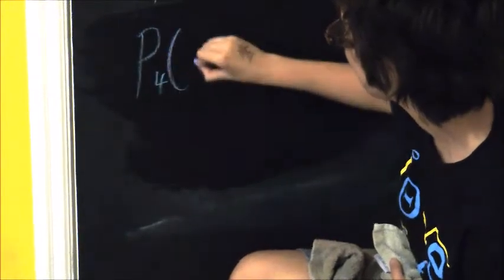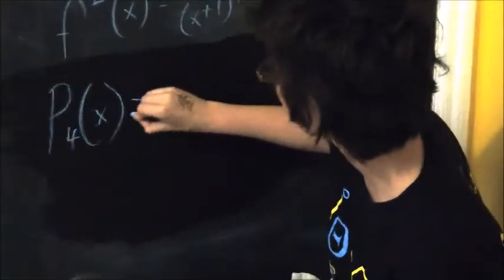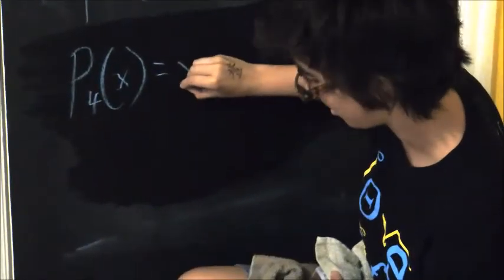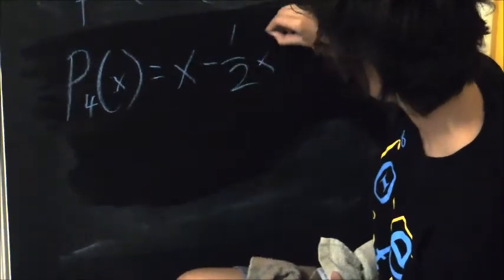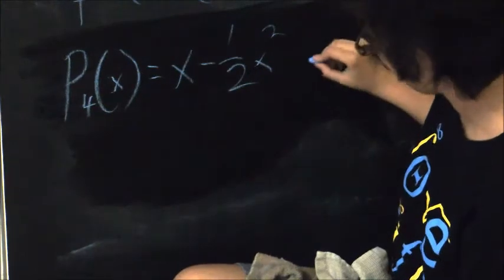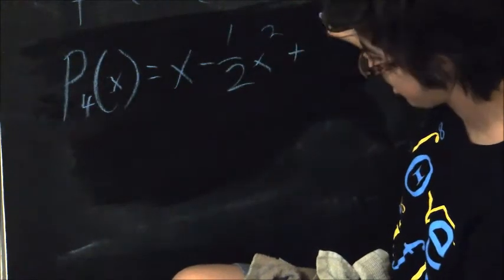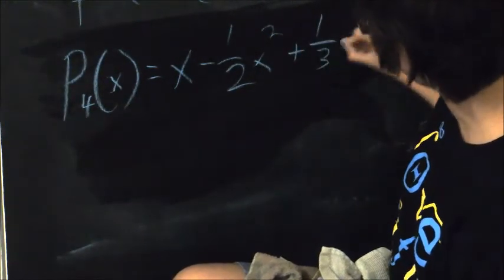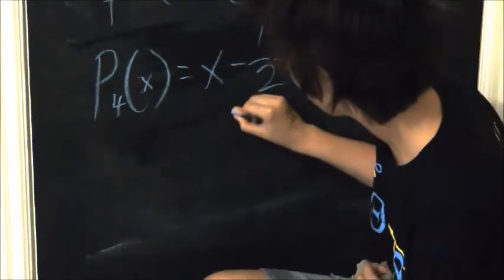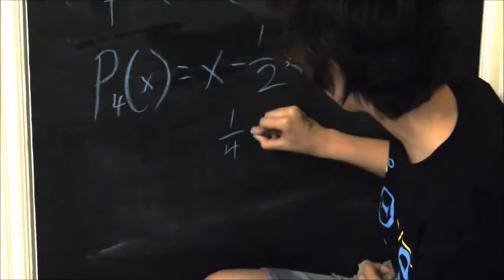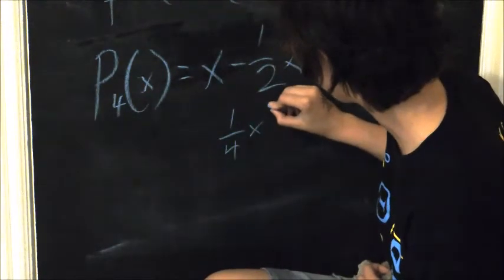We can simplify that and say it equals x minus 1/2 x squared plus 1/3 x cubed minus 1/4 x to the 4.